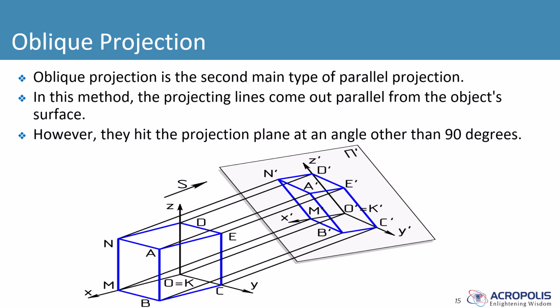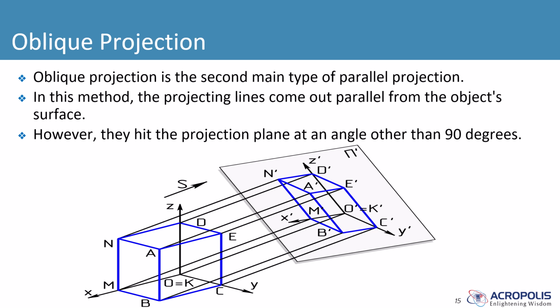Next is oblique projection. Oblique projection is the second main type of parallel projection. In this method, projecting lines come out parallel from the object surface. However, they hit the projection plane at an angle other than 90 degrees, whereas in orthographic projection they hit at 90 degrees.